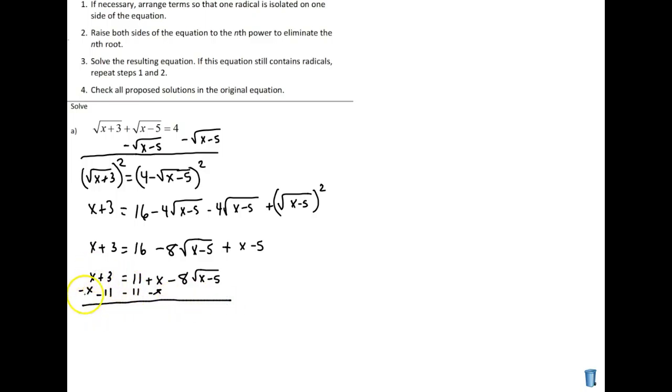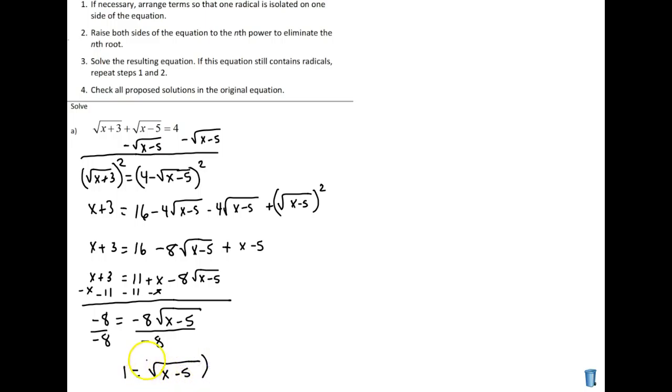Interestingly enough, my x's cancel. I'm left with a negative 8 over here, and that equals negative 8 square root x minus 5. So I divide by a negative 8, and I get 1 equals the square root of x minus 5.